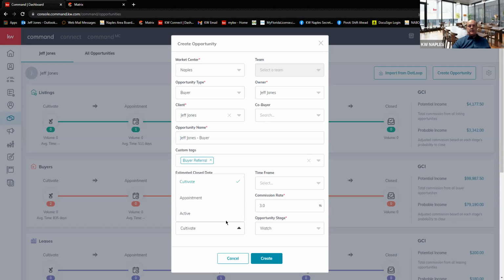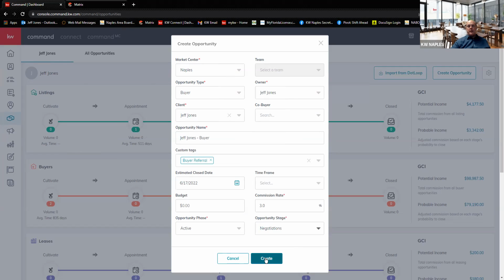We're in an opportunity. We're going to make this an active opportunity. It's really important that you make this active, because otherwise you won't be able to submit it for approval. And whatever opportunity stage we're on, let's say we're in negotiations.